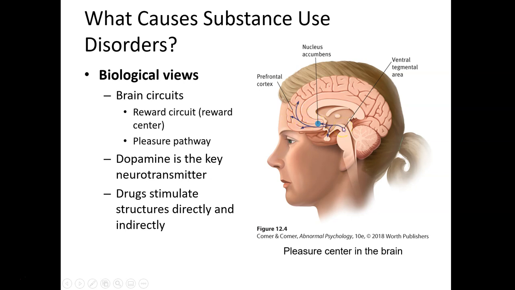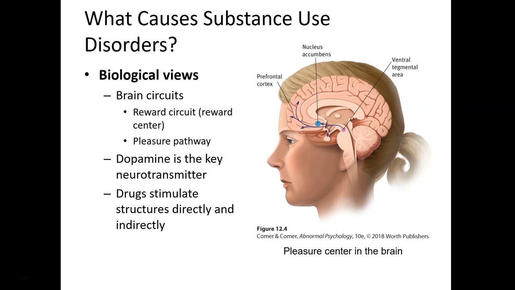Importantly, all drugs of addiction cause this pleasure center to be stimulated and usually cause a flood of dopamine in these areas. And the flood of dopamine is what causes you to feel the high from the drug.